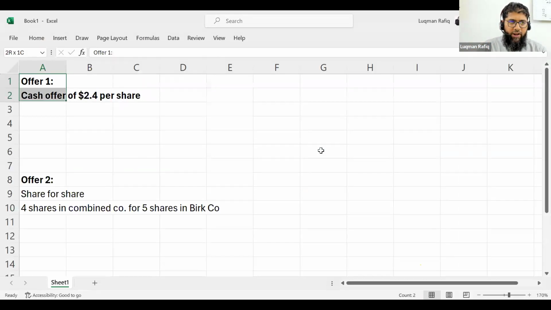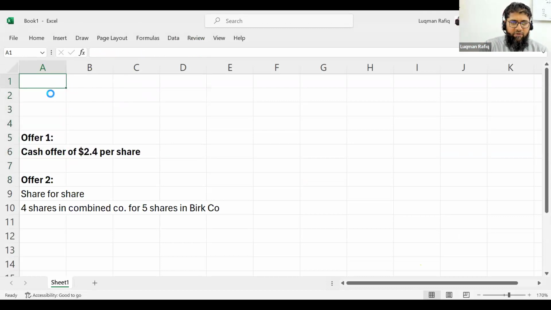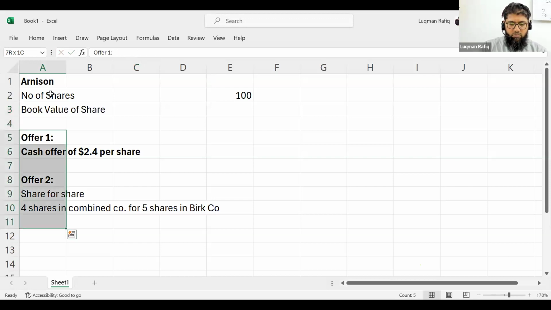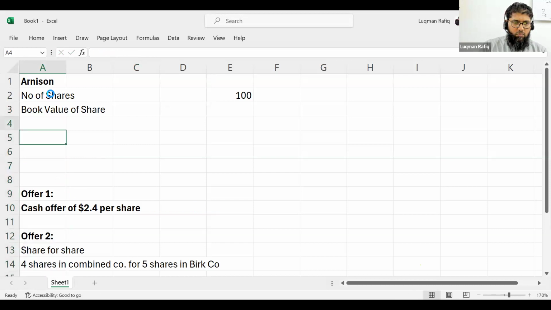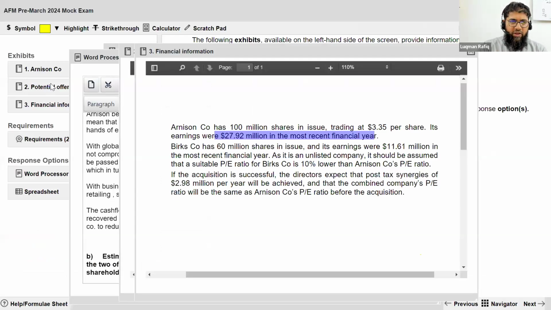Before I go on to discuss these offers, I would just compile some information in here, which is about Arneson. Number of shares is 100 million, book value of share, market value of share, 3.35.